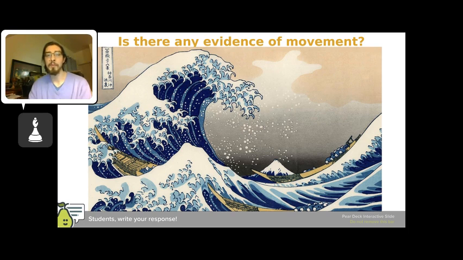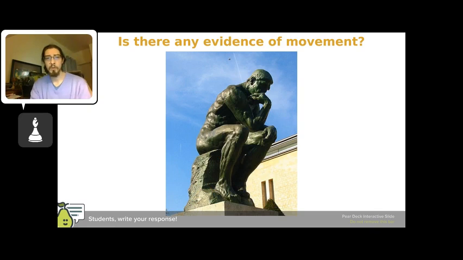We have the repeating boats. We have the repeating dots of mist coming off the water. So a lot of repetition going on, but then we also have the implied movement of this giant wave that's about to crash. So we have that implied movement, we have repetition, definitely a lot of examples of movement going on here.